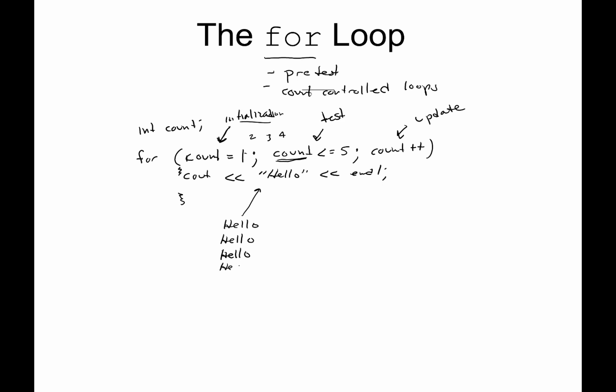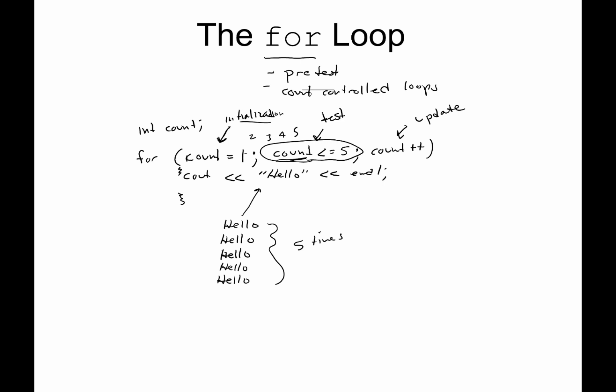It's going to print out hello, because that's still less than 5. Increase it again. 5 is less than or equal to 5, so it's going to print out hello again. And then it's going to increase it to 6, and this condition will become false at that point, so then it will exit the loop. So this is going to print out hello 5 times.